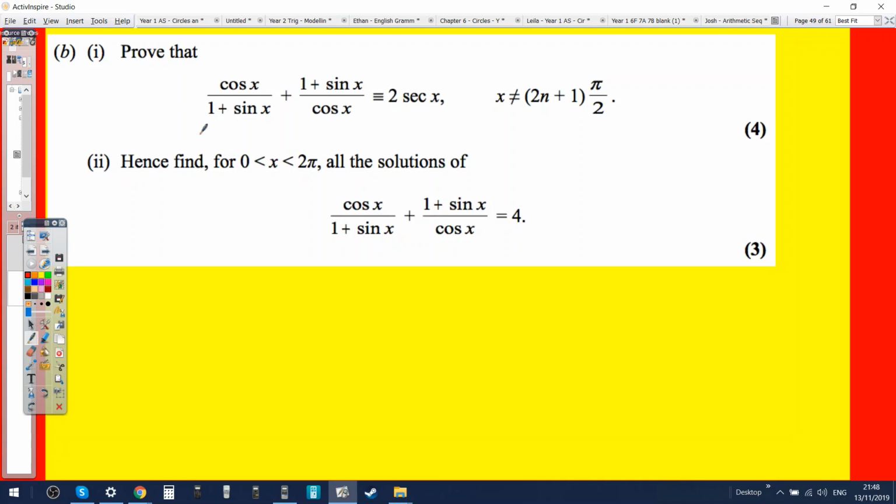Prove. Hence find. Okay, let's try this proving. You can do that.